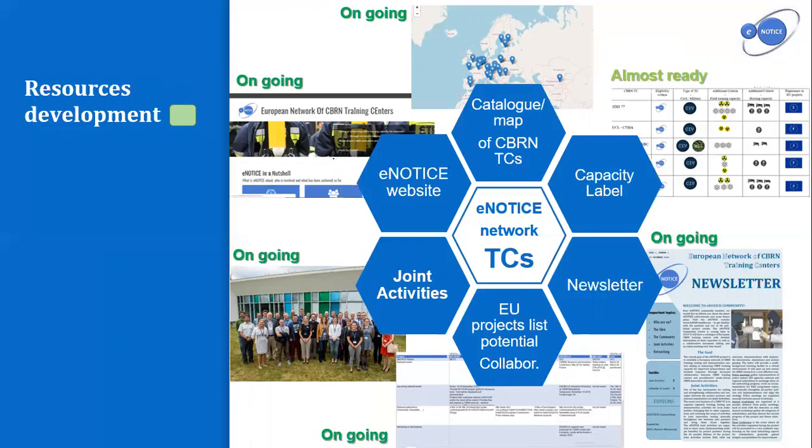It's a collection of information about the project, information about the network, but also services. For example, the catalog and the map of the training centers that are part of the eNOTICE network. And there you can find a lot of information about the training centers, their capabilities, their facilities, the access, where they are, and so on.